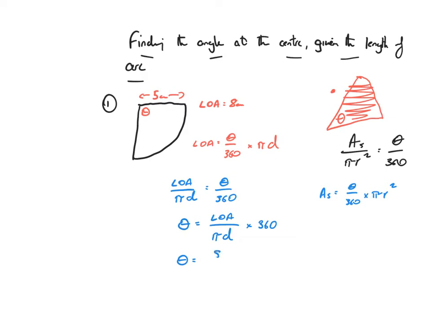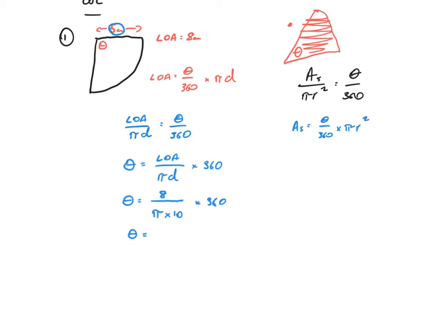The length of the arc is 8 divided by pi d, well that's pi times the diameter. I can see that the radius is 5, so the diameter must be 10, multiplied by 360. I can now input this into the calculator. 8 over pi times 10, times 360, and to one decimal place that will give me 91.7 degrees. The final answer.